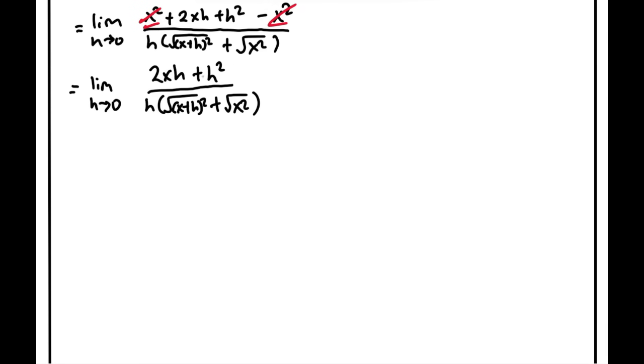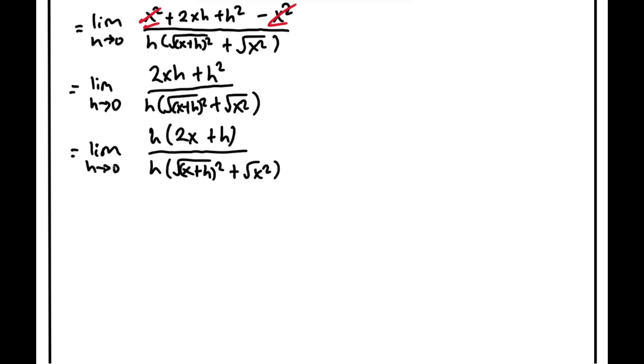Now, let's factor out h in the numerator. If we factor out h in the numerator, we have h, open brackets, 2x plus h, close brackets, over h times square root of (x plus h) squared plus the square root of x squared.